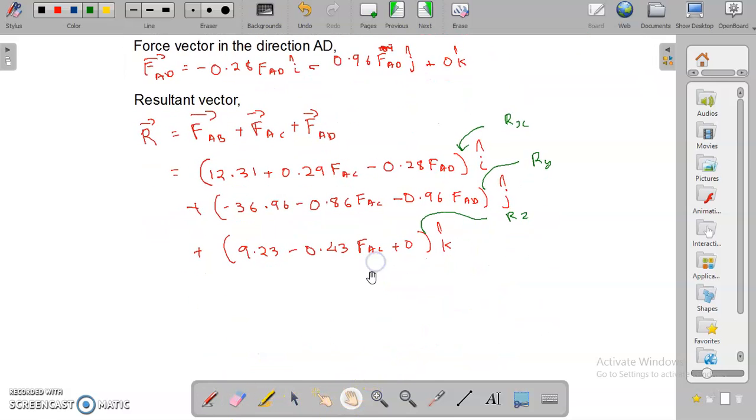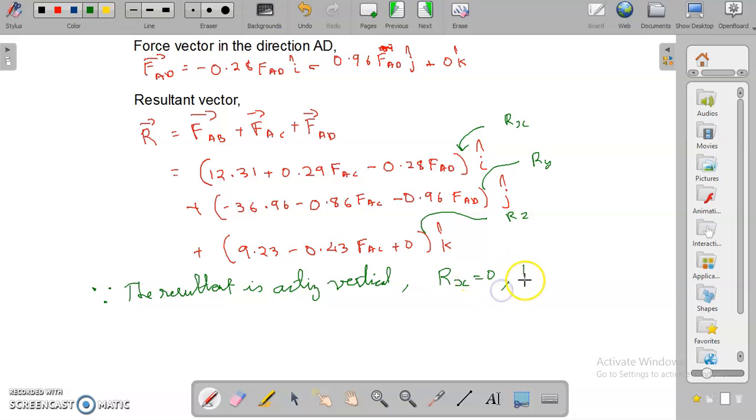So since the resultant is acting vertical, you can say the other components, that is Rx equal to 0 and Rz equal to 0, because the vertical direction is the y axis, so it is acting only in the y direction, so the other components will be 0. Now you can use these relations to solve that.